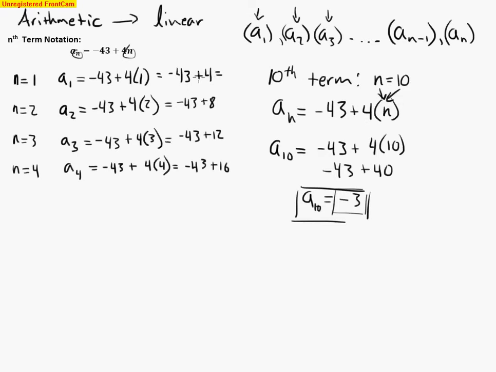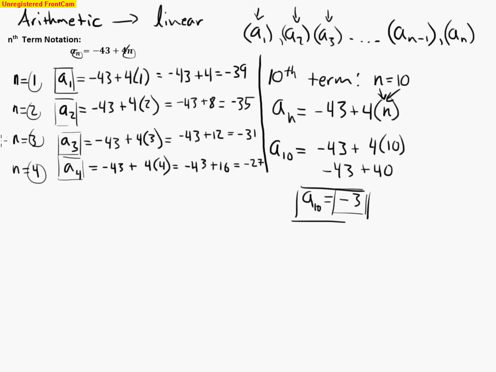Using a calculator or just knowing how to find the difference here, this is negative 39. Then I'm going to have negative 35, negative 31, and negative 27. So what I've done here is I found a_1, a_2, a_3, and a_4 just by plugging in 1, 2, 3, and 4.